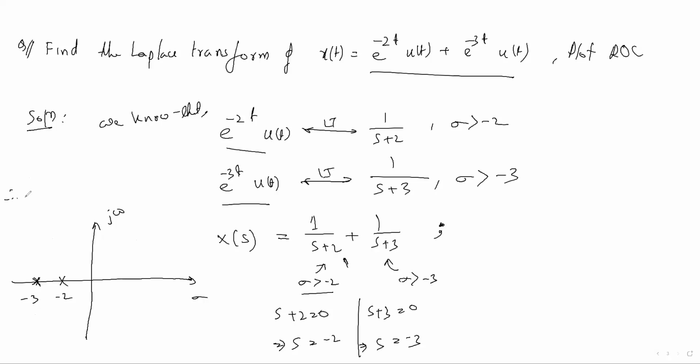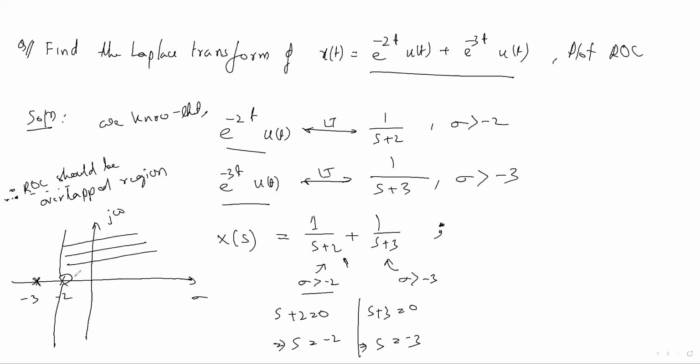You should remember this point: the ROC should be the overlap region. There are two conditions, but what is the overlap region? Both are greater than -2 and -3, and the overlap region is greater than -2. Okay, this is the overlap region.